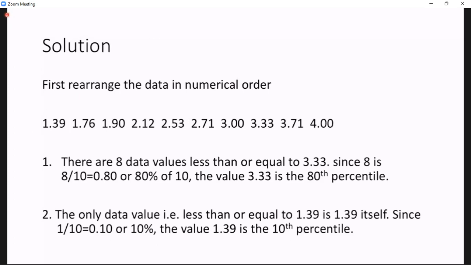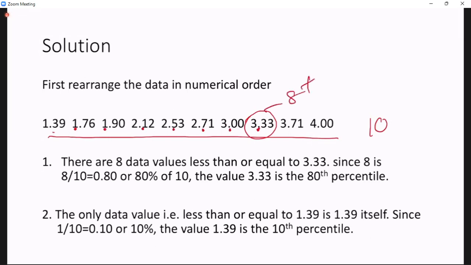Okay. So we rearrange our data. Now we need to find the percentile value of 3.33. Now count the number of elements in the data set. Altogether we have 10 elements. Now count 1, 2, 3, 4, 5, 6, 7, 8. So the eighth number is 3.33.